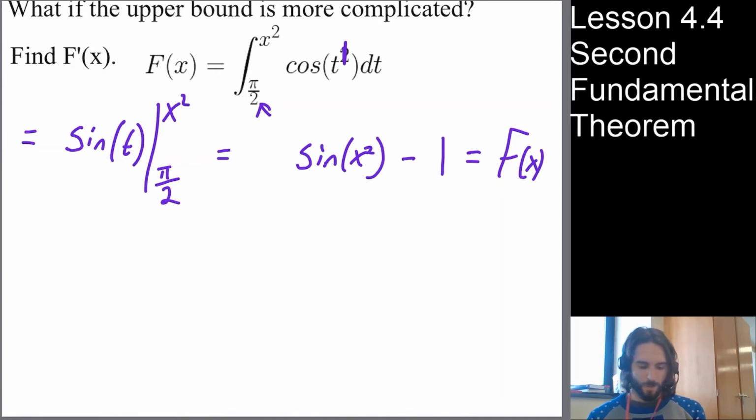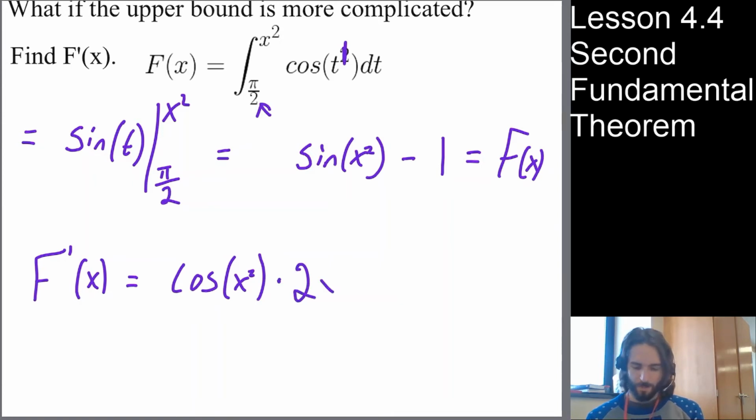All right, so now we're going to find the derivative of that, f prime of x. So the derivative of sine x squared is cosine x squared times the derivative of the inside. So that's the chain rule, and then minus the derivative of 1, which is 0. So that's why this constant term always goes away, because when you take this derivative, it goes to 0.